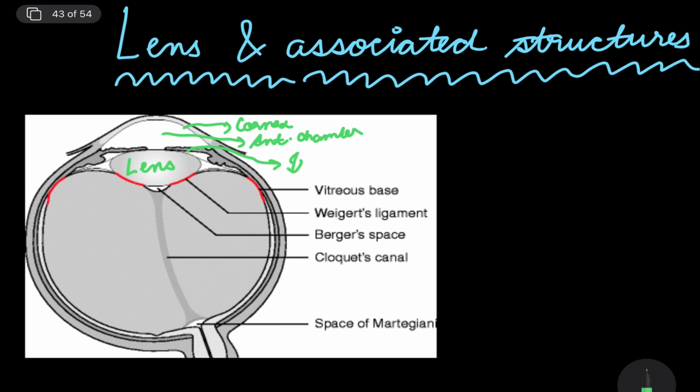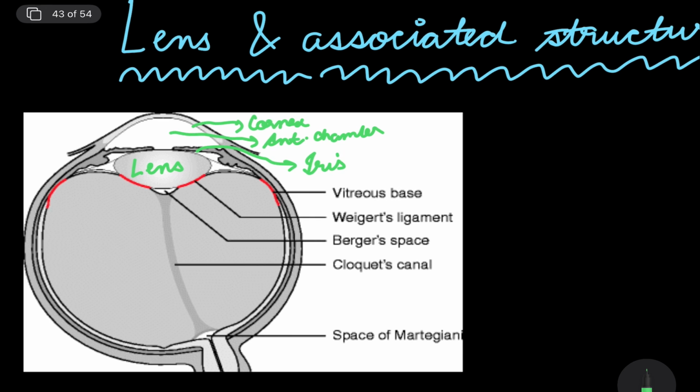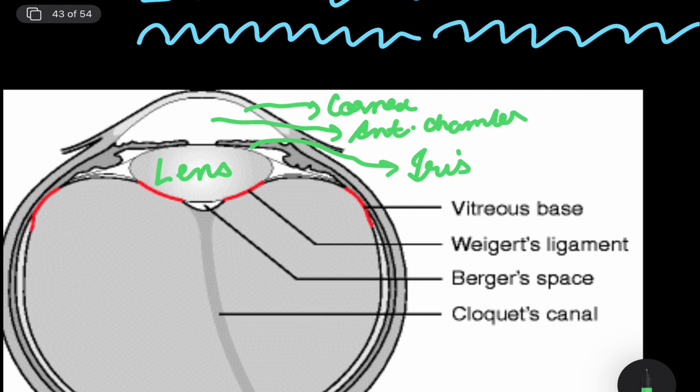This over here is the iris, right? See carefully over the lens. This as well as this, these two structures are the iris. Obviously we can see two over here because this is a section of the eye. If you were to think about this in a three-dimensional way, this would be the entire eye, covering the entire lens.